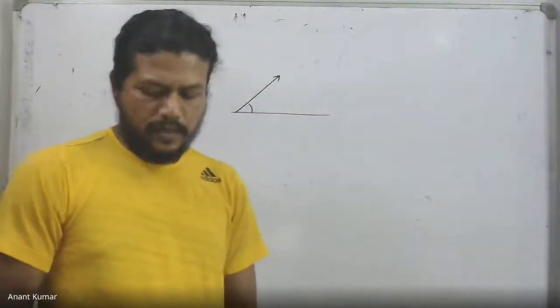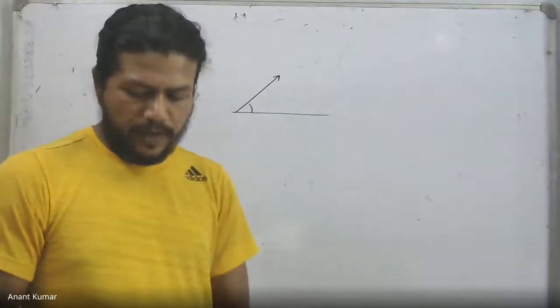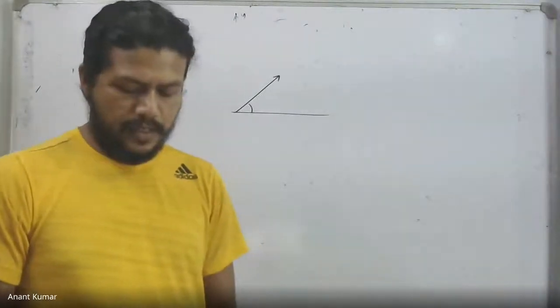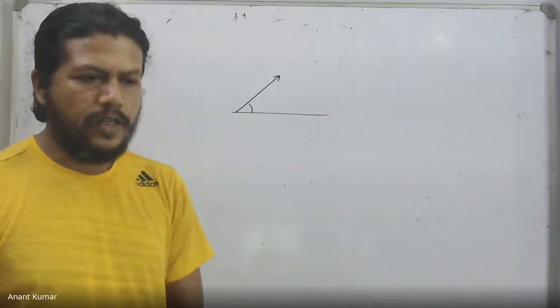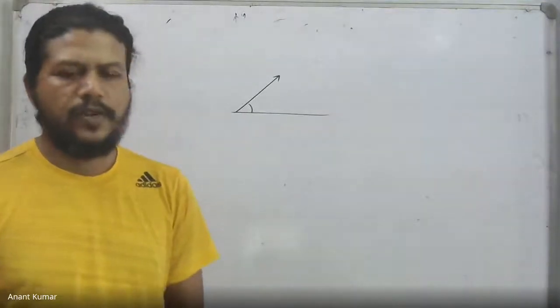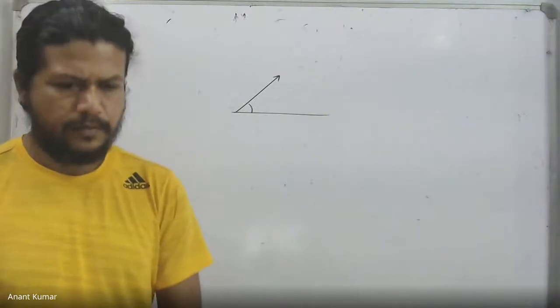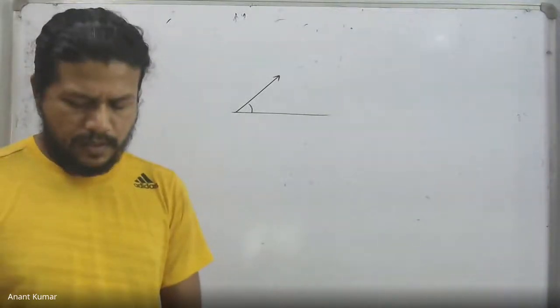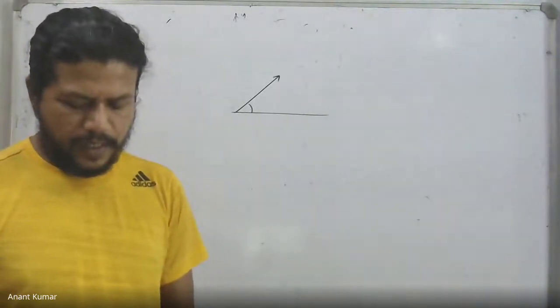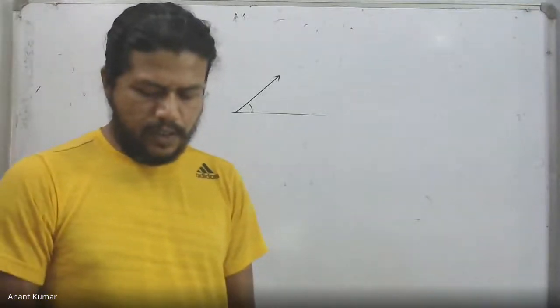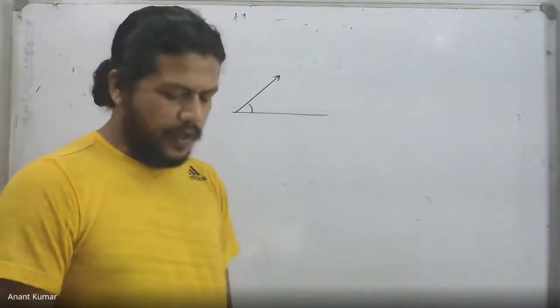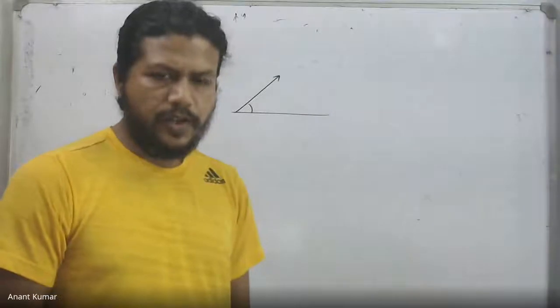So the elevation is sine inverse 4 by 5 and its range on the horizontal plane is 3 kilometers. A particle is projected at an angle of elevation sine inverse 4 by 5 and its range on the horizontal plane is 3 kilometers.